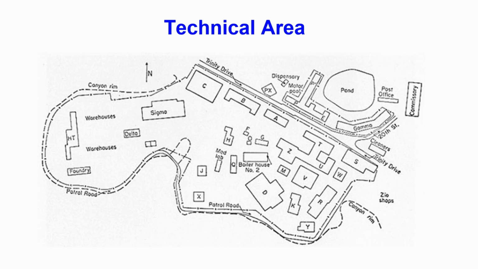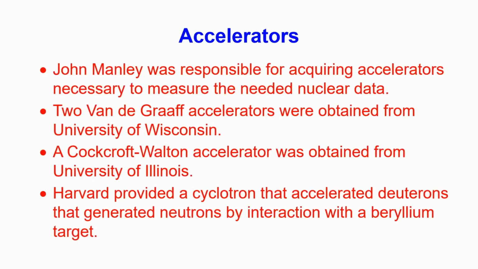And so the scientists had to go in and say, we need water here, we need water there, we need electricity, and so forth. And also point out that the accelerators that they were bringing had to have firm foundations in order to be useful.